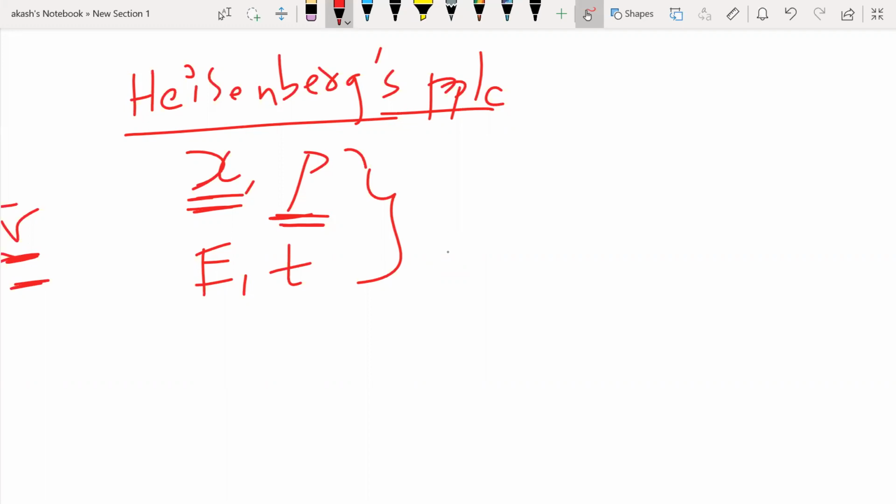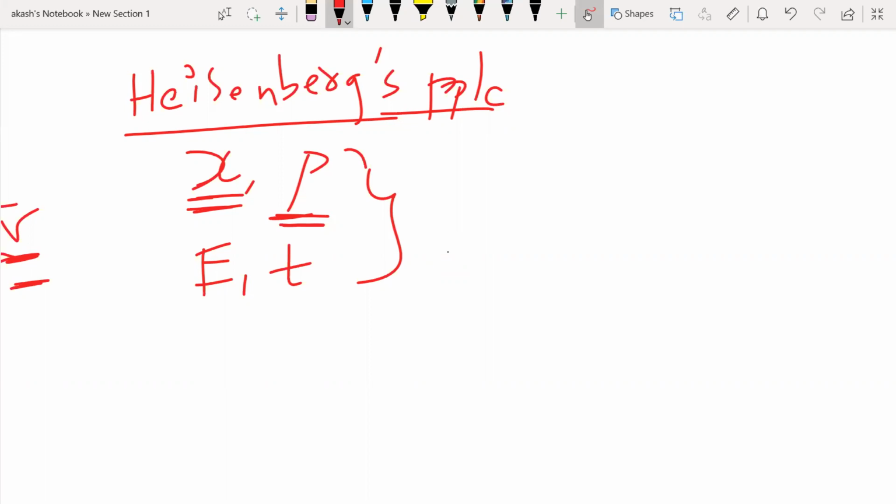That doesn't mean Heisenberg's principle is not going to work. If the particle size is pretty high, the error value will be less. But as the particle size keeps reducing, the error becomes more and more prominent. So at subatomic levels, you will definitely have a considerable amount of error popping up if you try to measure these two quantities simultaneously.